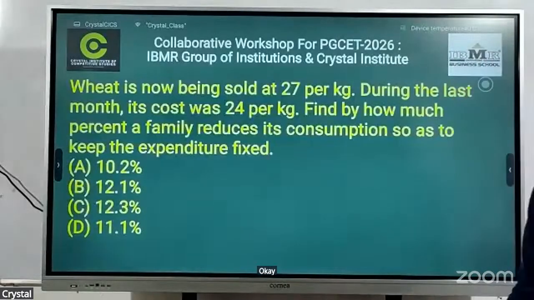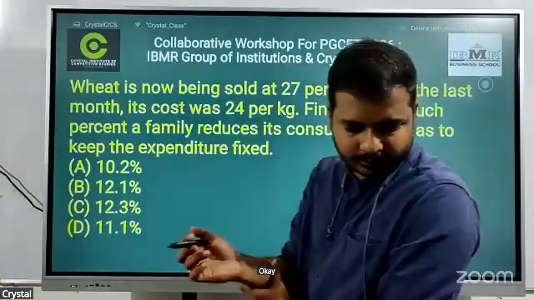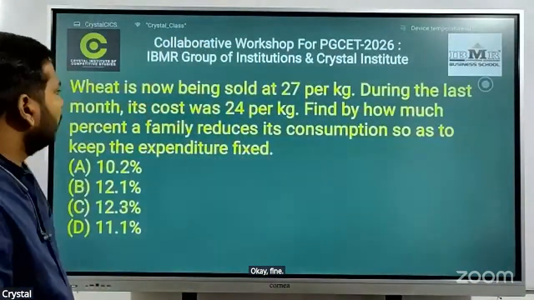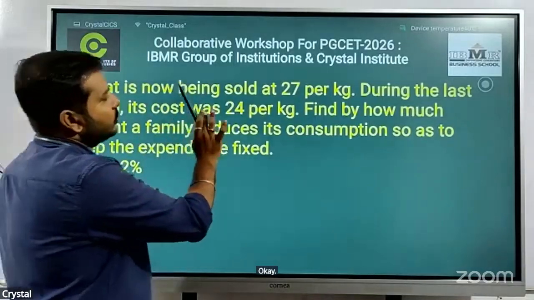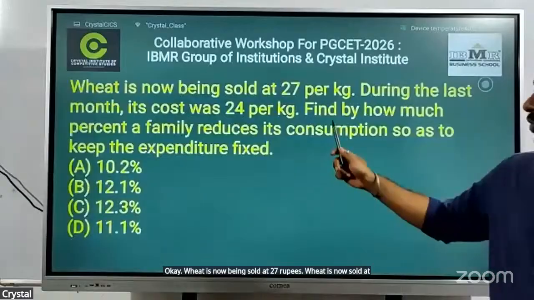Okay. Wheat is now being sold at 27 rupees.